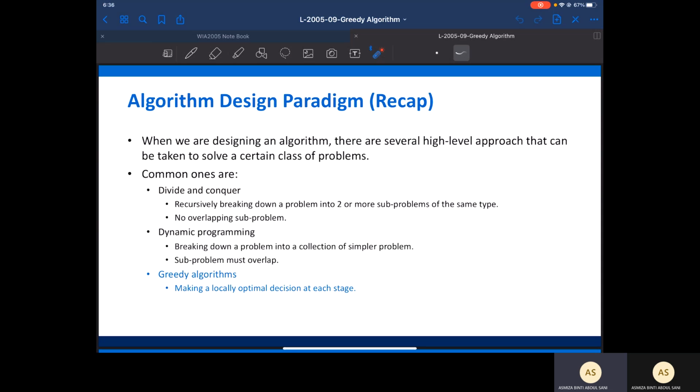So normally greedy algorithm and dynamic programming are connected. In a sense, if you have a problem, sometimes you can actually solve the problem either using greedy algorithm or dynamic programming, in order for you to optimize the solution.